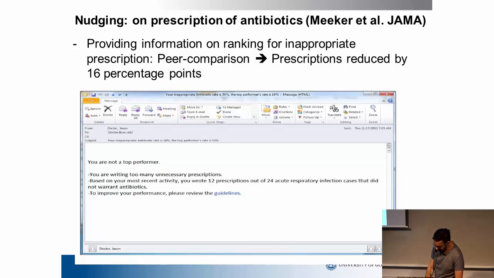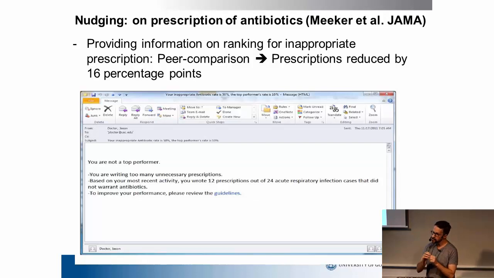So this is an example from a study on doctors in the US. The way they were thinking here was, what if we tell doctors how they perform compared with other doctors?